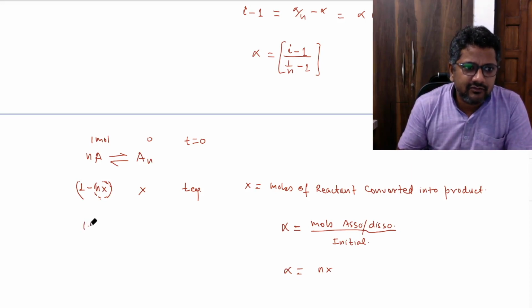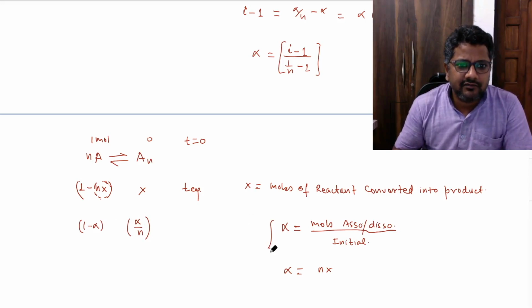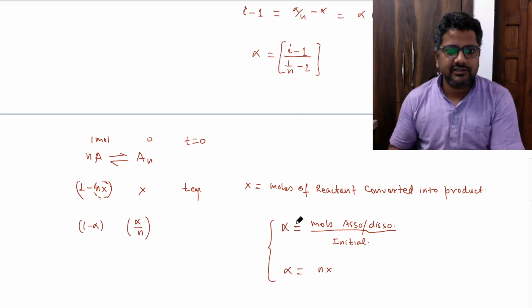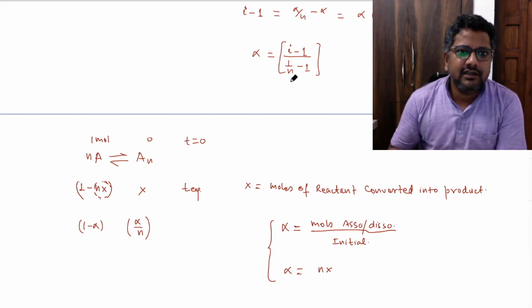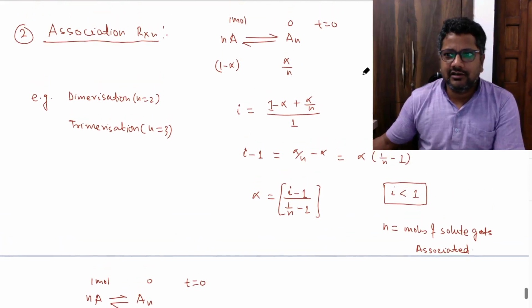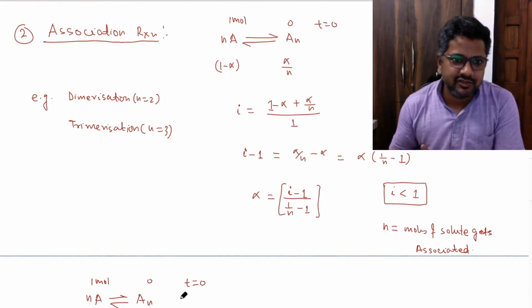So you can write 1 minus alpha, and x is equal to alpha by n. If you want, you can do this method: first calculate the moles, after that calculate alpha, and finally you will get the same result. Whether you divide the equation in your mind or do it like this, both give the same result.